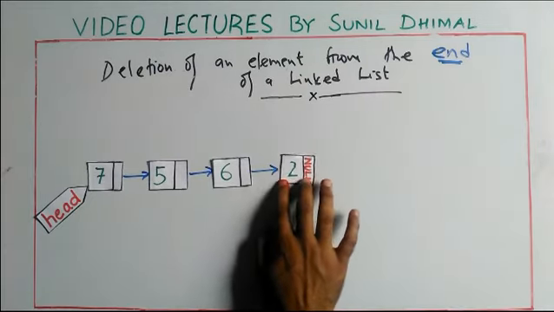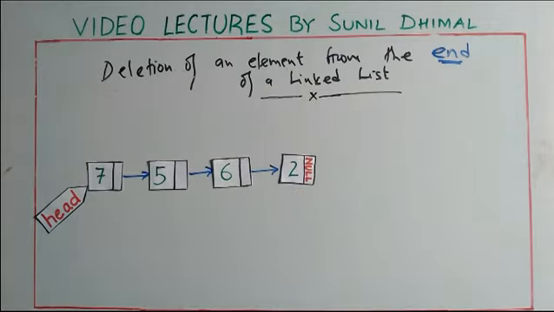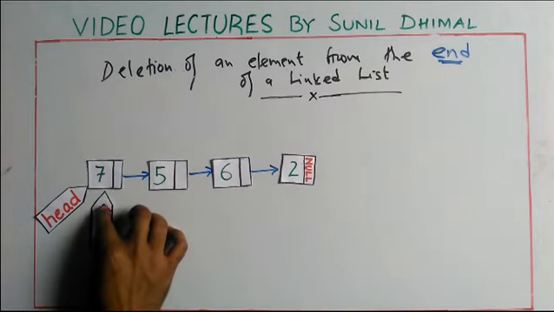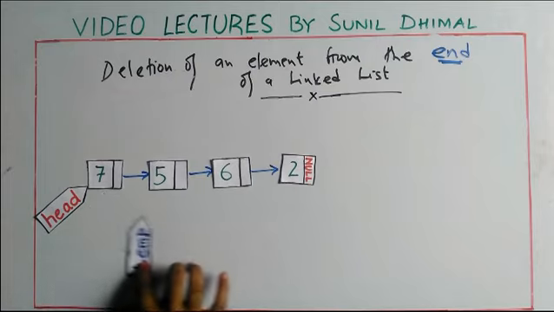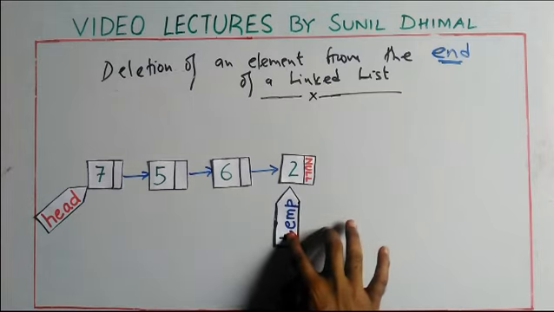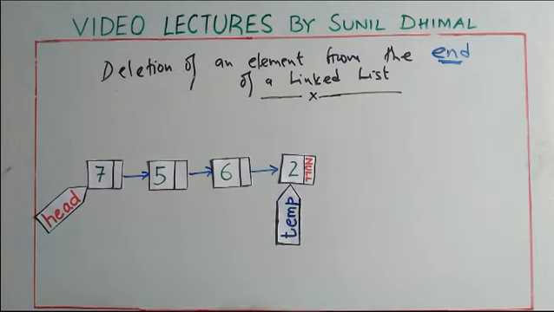So what you can do is, first of all, create a pointer called temp, which is pointing to the first node of the list. Now we may advance the pointer such that it points to the last node of the list. We can easily do that.